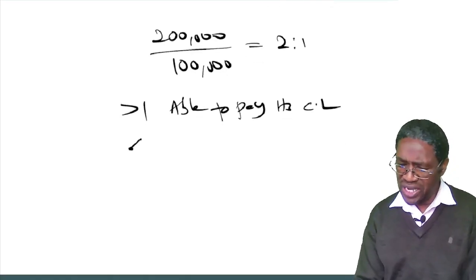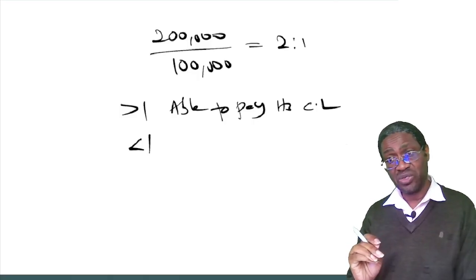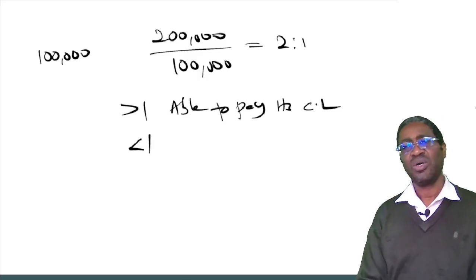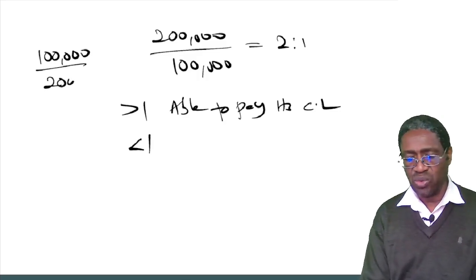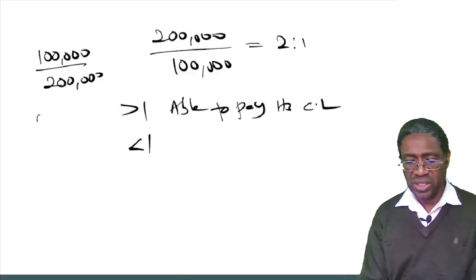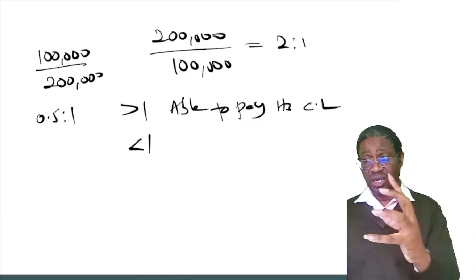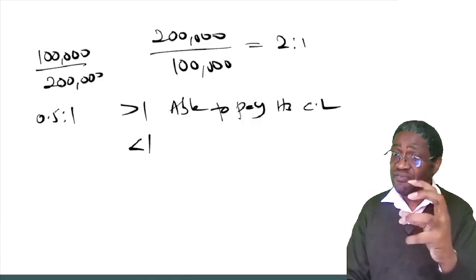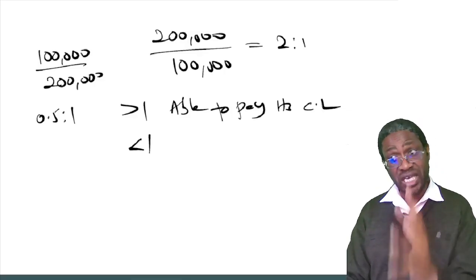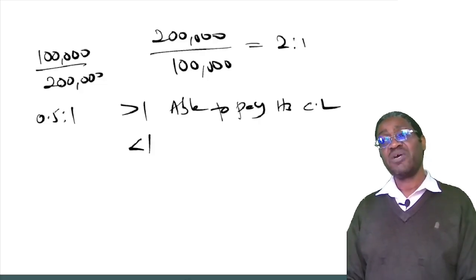Any ratio less than 1 means what? For example, suppose your current assets are 100,000 while your current liabilities are 200,000. So you will get a ratio which is 0.5 to 1. In other words, our current assets are half as much as our current liabilities. So in this case, you are not able to pay your current liabilities from your current assets.